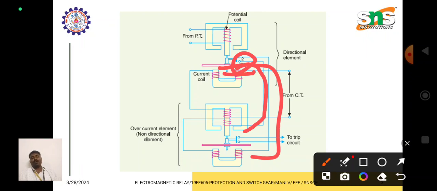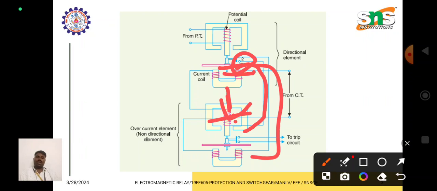Once the upper electromagnet is energized by the current, a flux is induced. The induced flux interacts with the secondary of the coil, so in the secondary there is an induced EMF. Because of the induced EMF, a current flows. If the current exceeds the preset value, here also it induces an EMF.